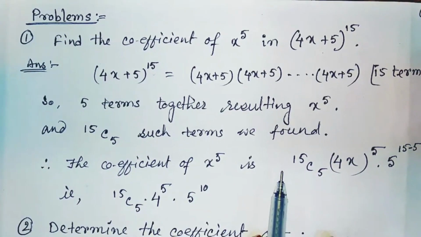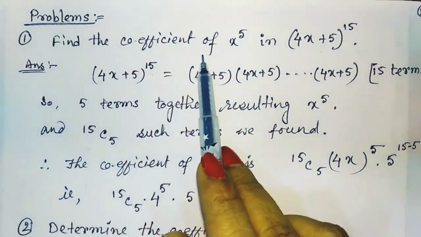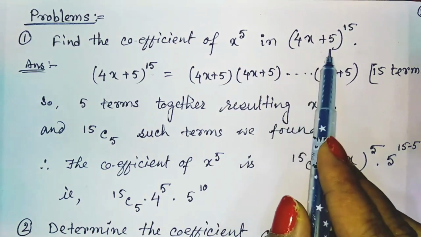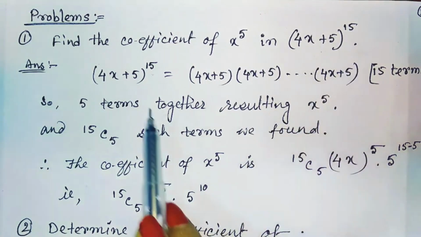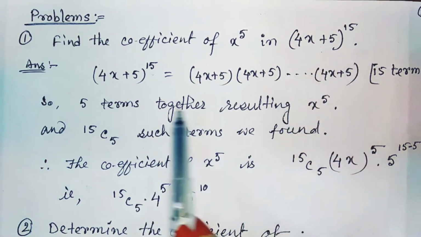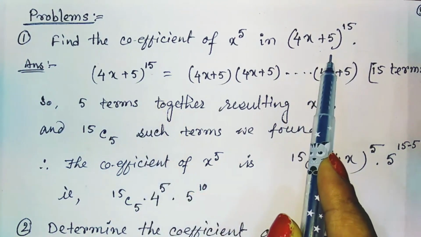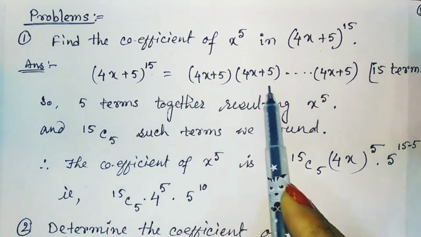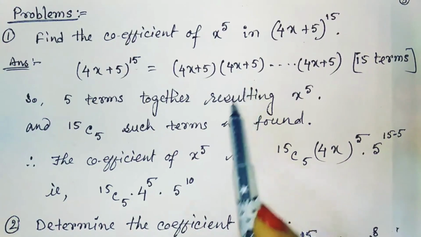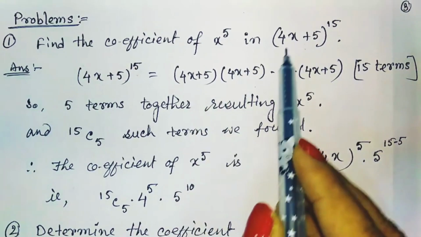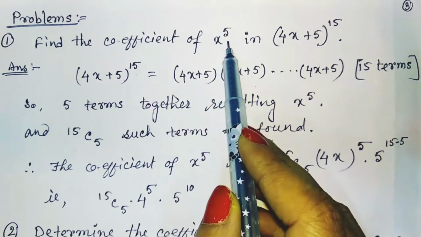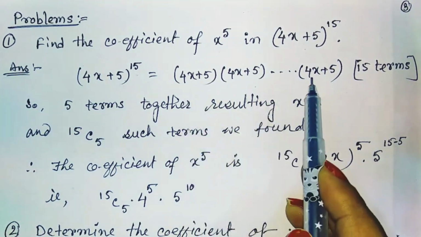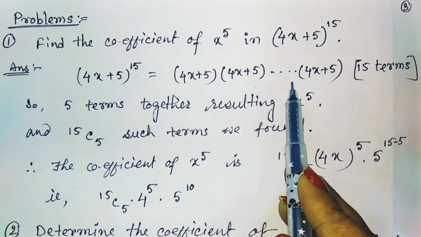Now there are a few problems related to the binomial. The first problem is: find the coefficient of x^5 in the expression (4x + 5)^15. Here a total of 15 factors are there, so we can write (4x + 5)^15 as a product of 15 terms. Our target is to find the coefficient of x^5. That means from these 15 factors we are supposed to choose any 5 factors.